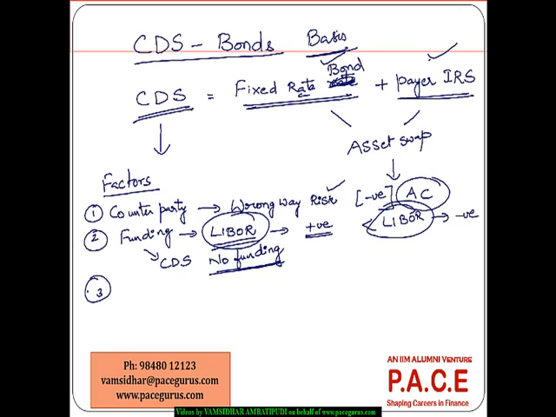So funding could be one more aspect that could have an influence on the CDS-bond basis. Then how do I define the credit event? The definition of the credit event could be one more.